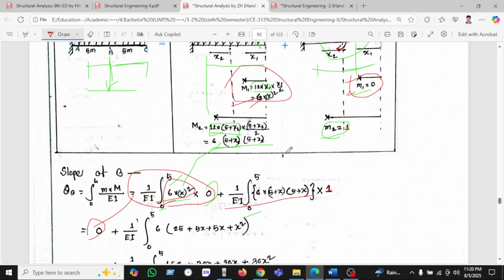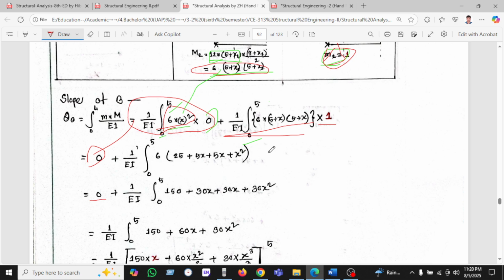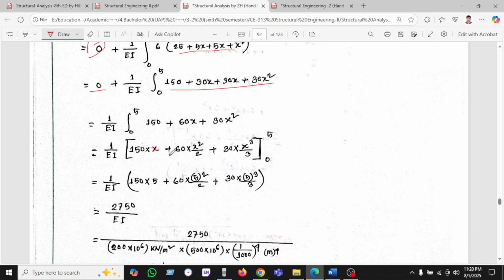And for the second portion, here M2 we have found is 6 for this portion, and m2 equal to this portion. We are just multiplying this portion. If we multiply it 5 into as it is, it will be multiplied the same. And after finding this value, we have x into x plus 1. There is no load, that's why it will be x, as per the rules of integration. This will be integration, and x to the power what? x to the power n, it will be x to the n plus 1. n is 1, so 1 plus 1 is 2, and x squared, which is x to the n plus 1, which is 2 plus 1 is 3, divided by 3.